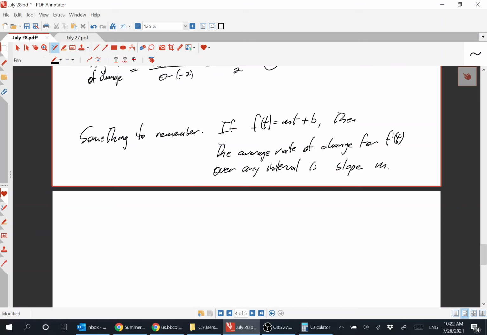So in section 2.5, you've got all kinds of examples of this, all kinds of modeling problems that go along with this.